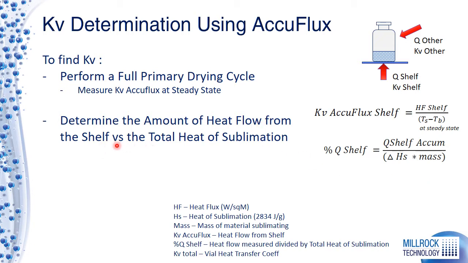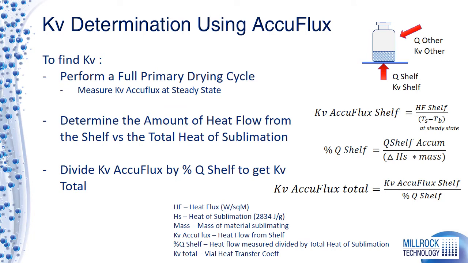So we measure the amount of heat flow coming from the shelf, and we compare that to the total heat of sublimation, which is a calculation. We determine that by taking the mass of the product that's in there and the heat of sublimation. Since only a portion comes through the shelf, we divide the amount that we've measured by the theoretical amount, and we get the percent that came from the shelf. So by doing that, we get Kv Accuflux total, which is equivalent to Kv gravimetric.